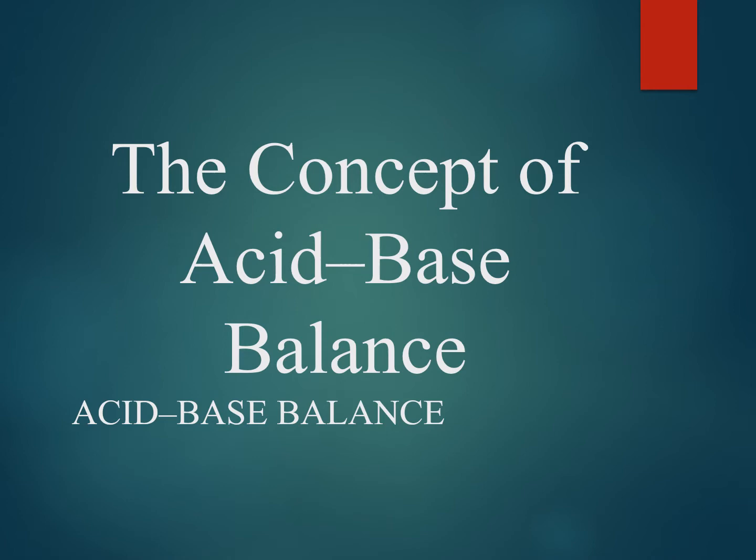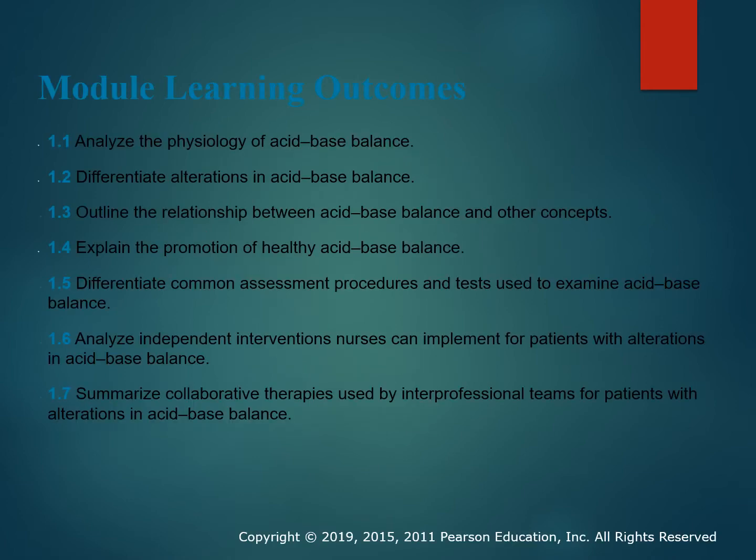So let's get started. We are going to look at the pathophysiology of acid-base balance, what is happening, what are the mechanisms going on when a person is having an acid-base imbalance issue. We're going to differentiate the alterations in acid-base.